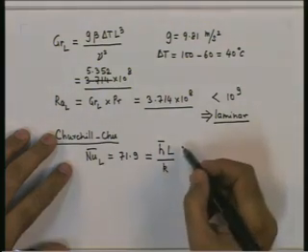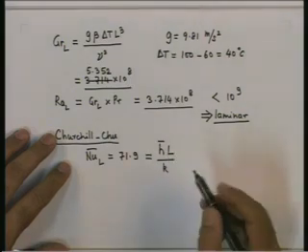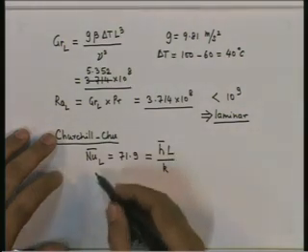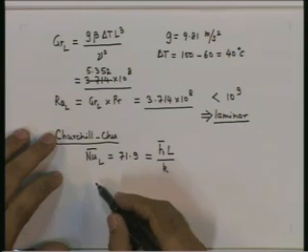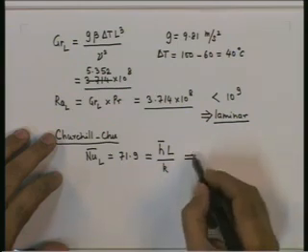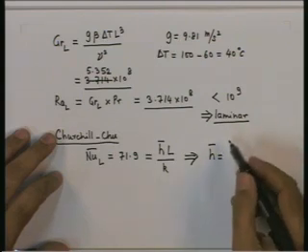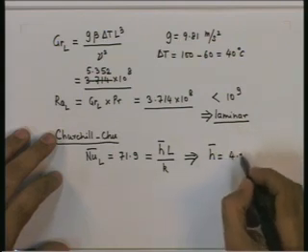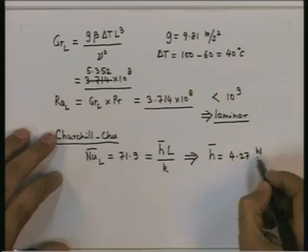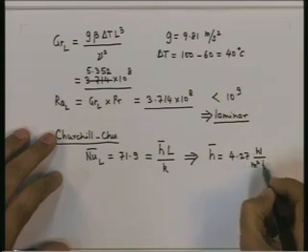We know length, we have read off the conductivity, so the only unknown is the average heat transfer coefficient, and this gives us the average heat transfer coefficient to be 4.27 watt per meter squared Kelvin.